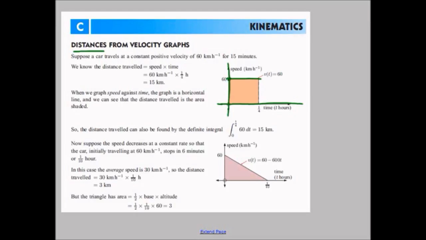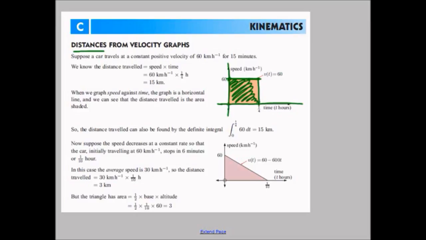So that would be from 0 to 15 minutes, a quarter of an hour, and that's what that graph would look like. We can then calculate the total distance traveled based on the area under that curve.